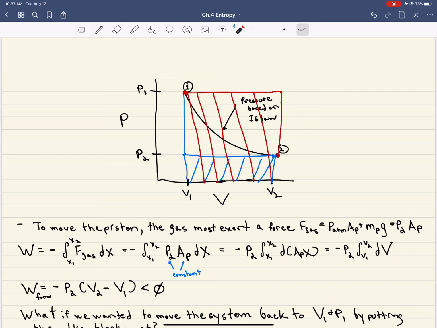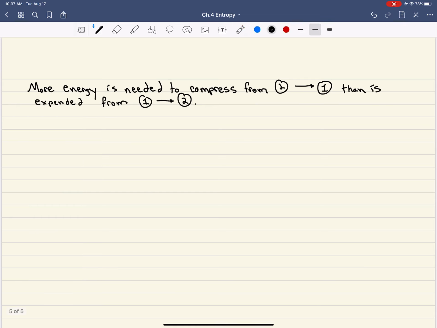But if you want to go backwards and go back to pressure 1 and volume 1, the surroundings not only have to give the system this much energy, but the surroundings also need to pay an extra amount of energy as well. Okay? And so we can think of that as an extra energy penalty. And that has to come from the surroundings.